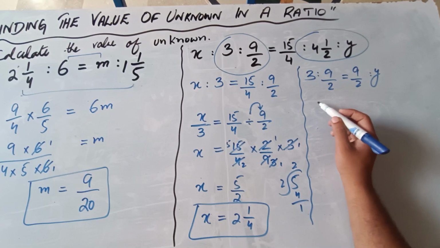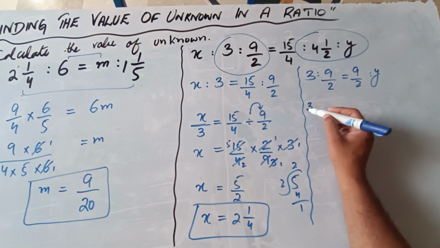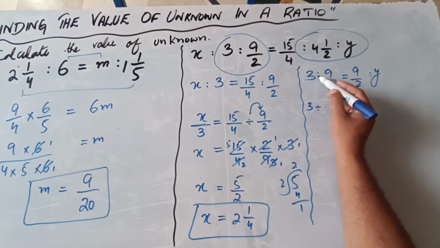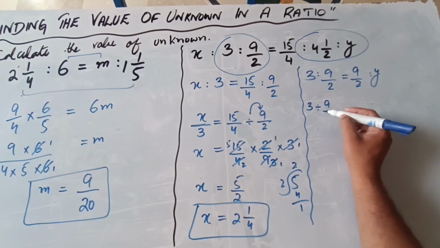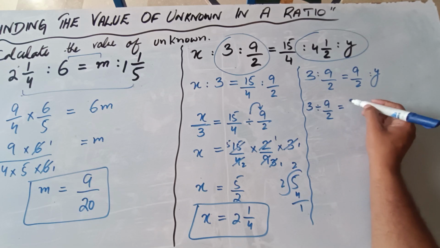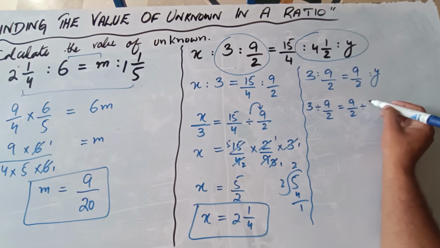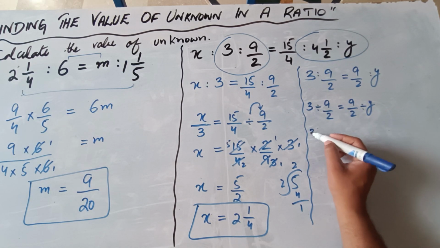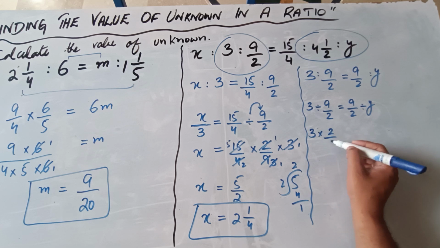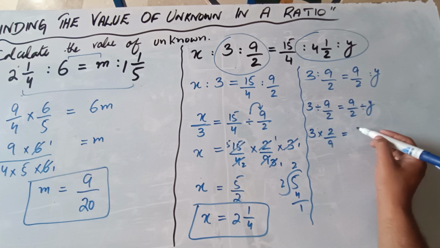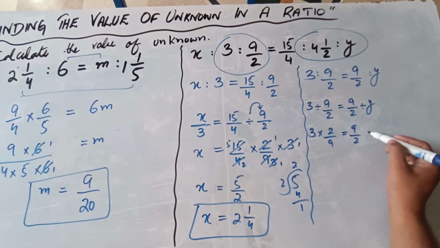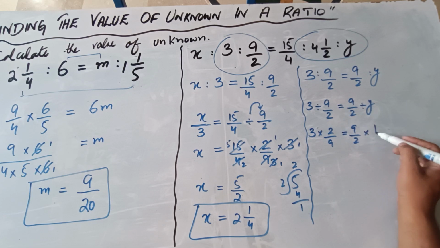Now let's simplify with this same pattern. 3 divided by, this ratio means divide by, 9 by 2 is equal to 9 by 2 divided by y. Now we will convert this divide sign into a multiply sign. So it would become 2 upon 9 is equal to, so what would it become? 9 by 2 multiplied by 1 upon y.